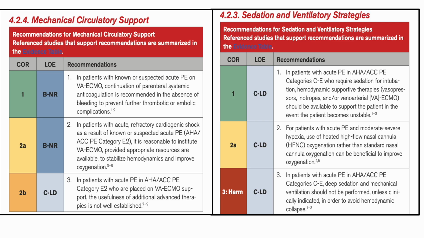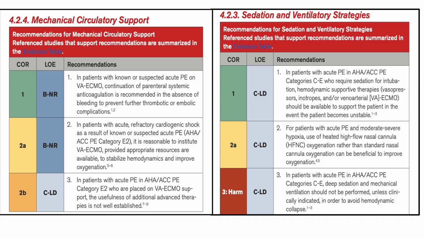Grade 2, if the patient has refractory cardiogenic shock because of this PE, it's reasonable to institute VA ECMO provided appropriate resources are available. 2B, for patients in category E2 placed on VA ECMO, usefulness of additional advanced therapies is not well established.